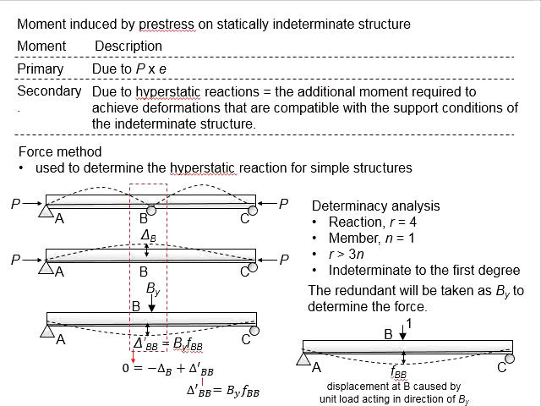To make things simple, you may refer to this diagram. This is a continuous member, one member with 3 supports here, and you are applying a prestressing force at both sides with a predetermined eccentricity along the span.